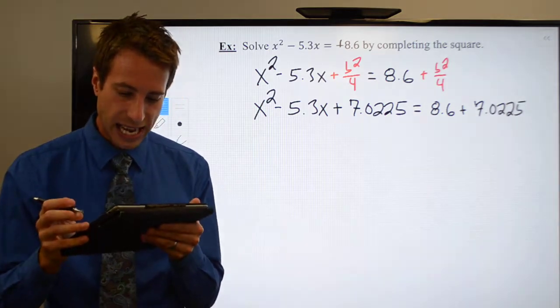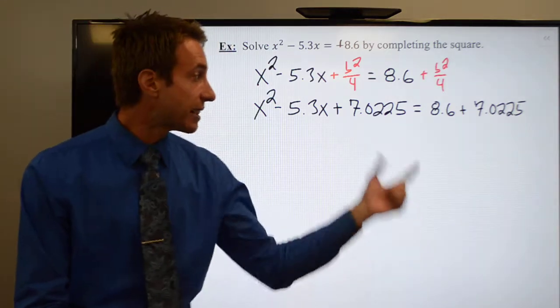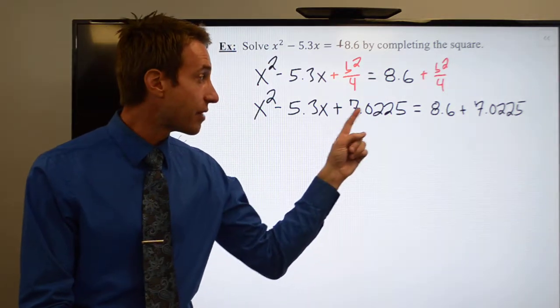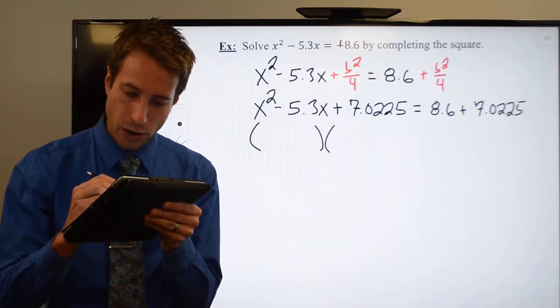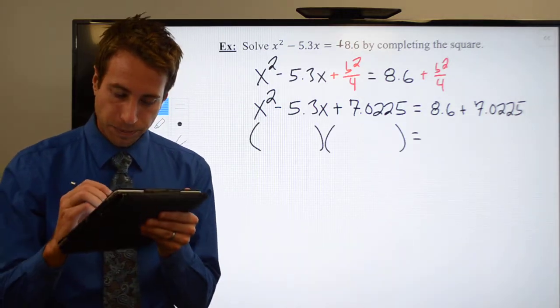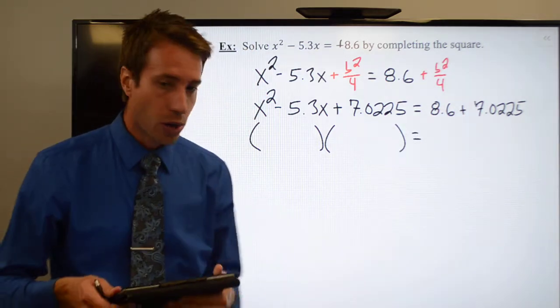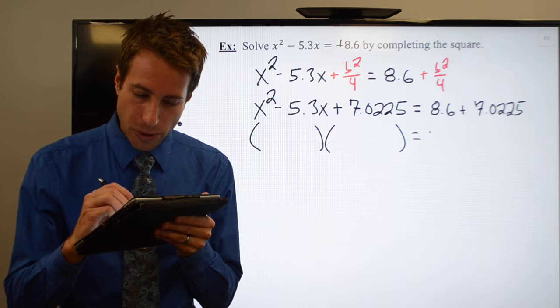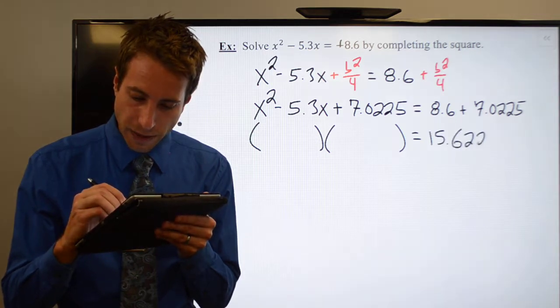We add it to both sides. This is now a perfect square trinomial. If you take the square root of 7.0225, it's going to be binomials. I add 8.6 plus 7.0225, and I wind up with 15.6225.